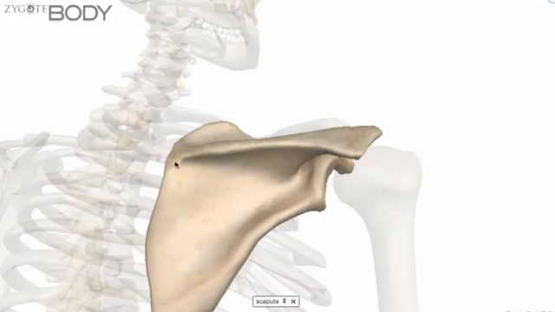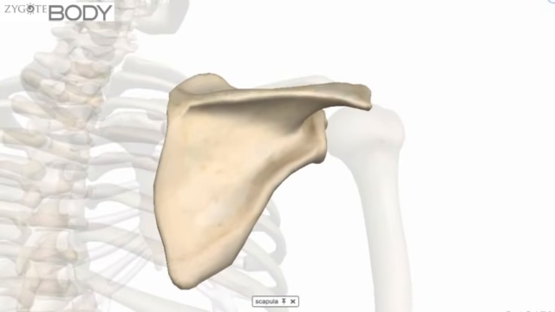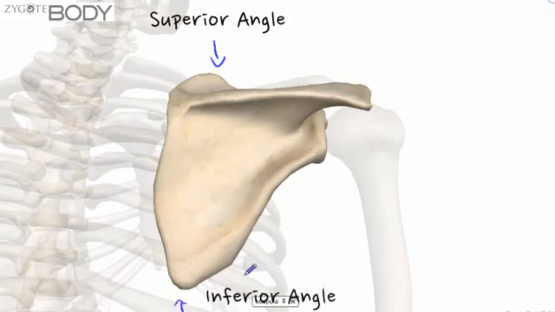Another thing that you need to know, and I mentioned it on the anterior side, is that you still have a superior angle, an inferior angle, and of course the medial angle.